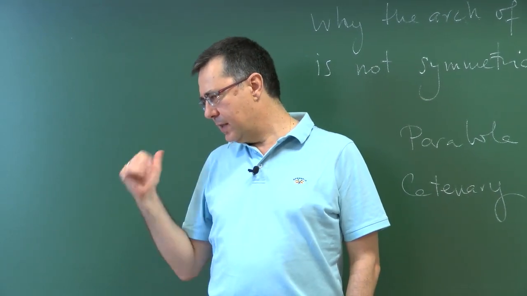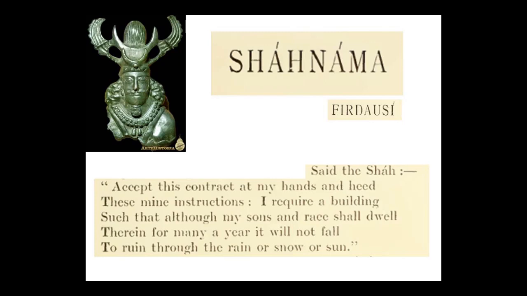And we can read, said the Shah, accept this contract at my hands and heed these my instructions. I require a building such that although my sons and the race will dwell therein for many years, it will not fall, and it will resist rain and snow and sun and everything.